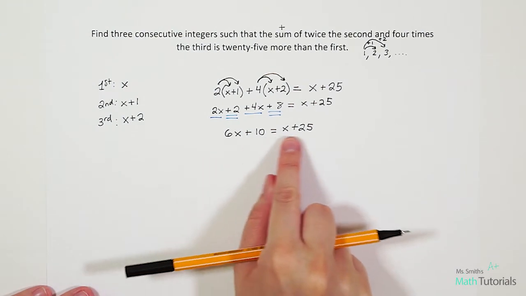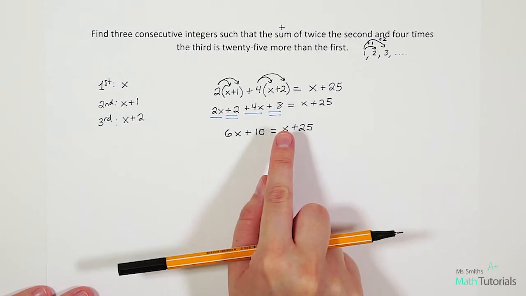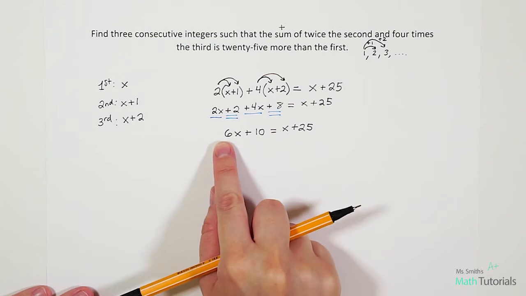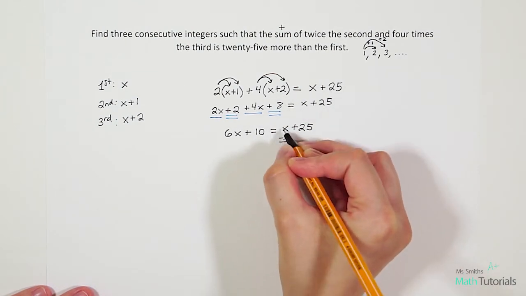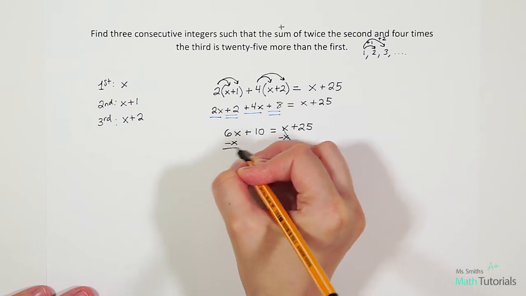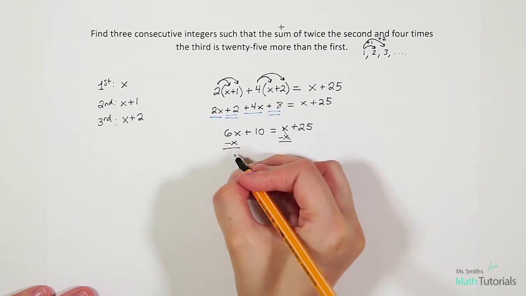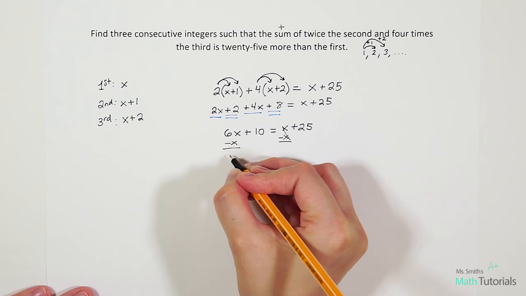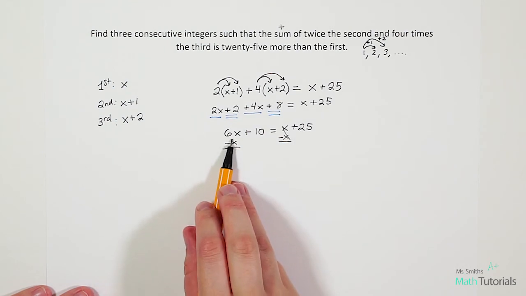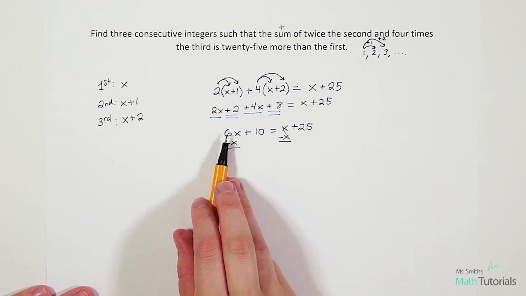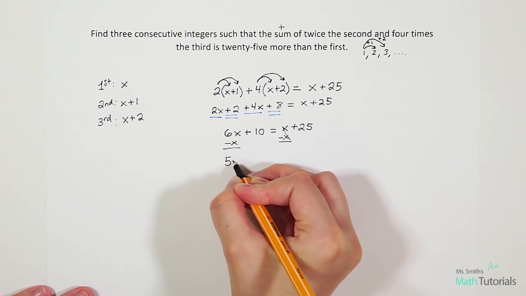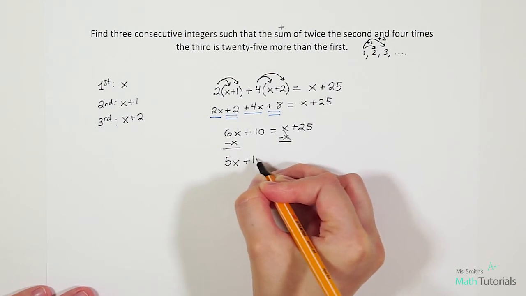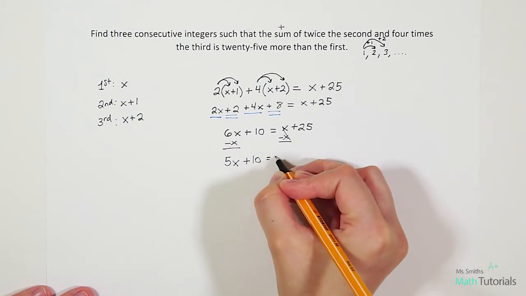Okay, so now that we've got all of our like terms together, let's take the smaller x and move it to the larger x. So we're going to do that by subtracting x from each side. Now 6x minus x is going to be 5x. Remember, there's an understood 1 in front of that x right there. So this is really 6x minus 1x. So 5x plus 10 equals 25.